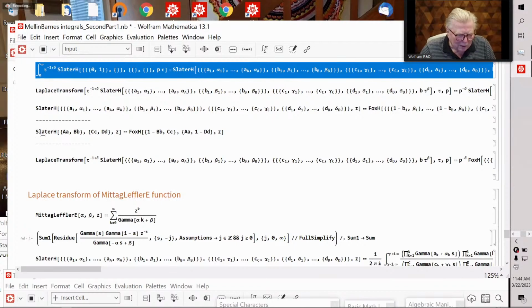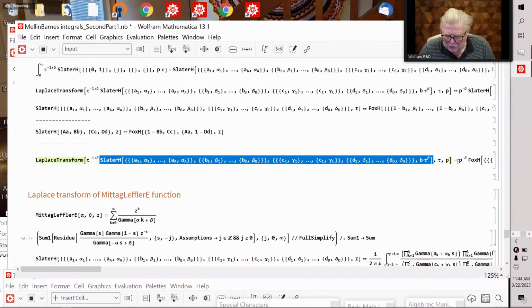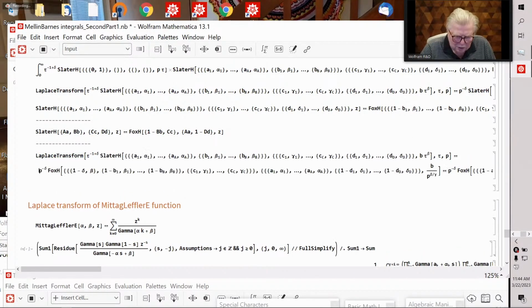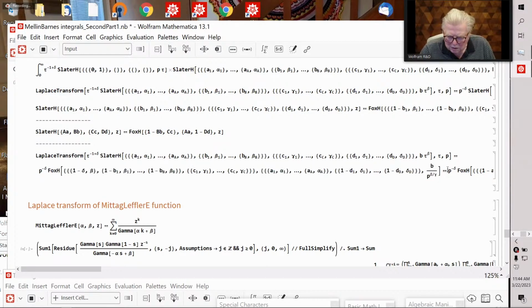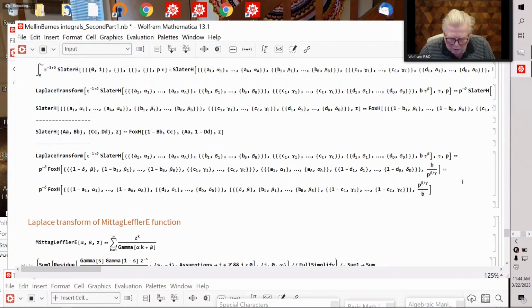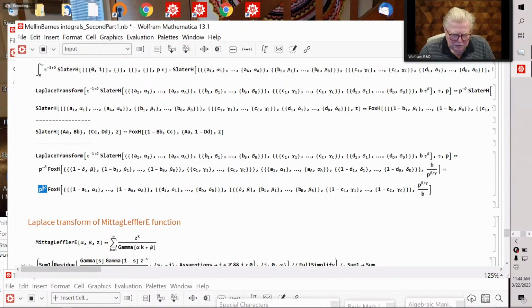Now here we can see formula for Laplace transform. It is again FoxH I wrote here. Equal to this one. Laplace transform of the Slater function, it is this one.